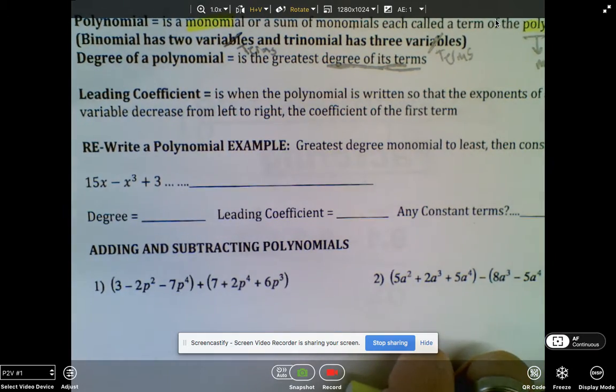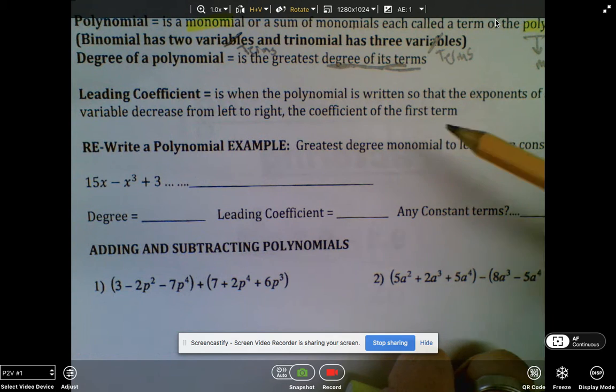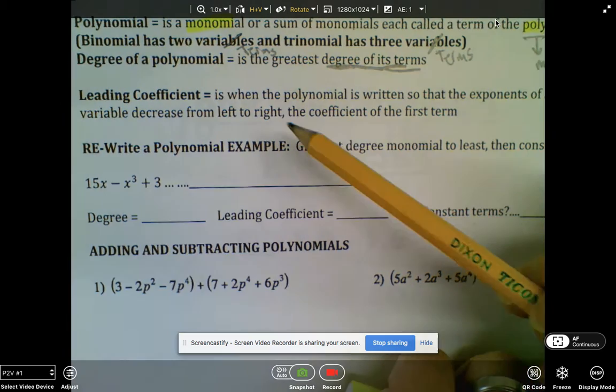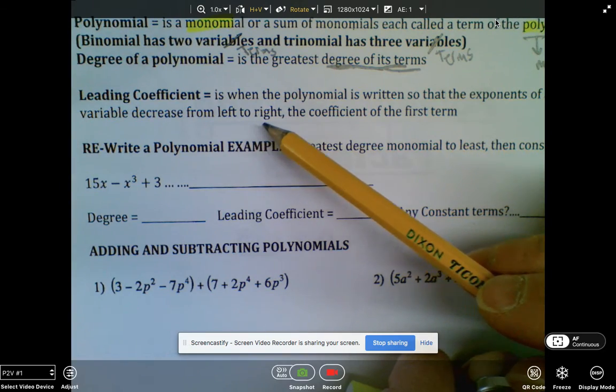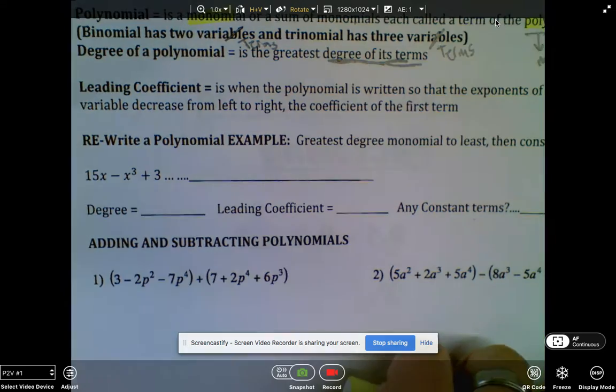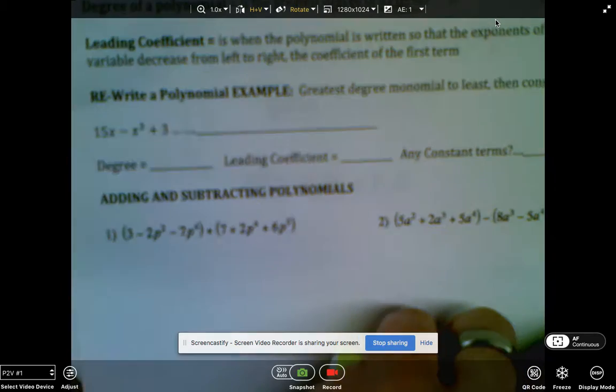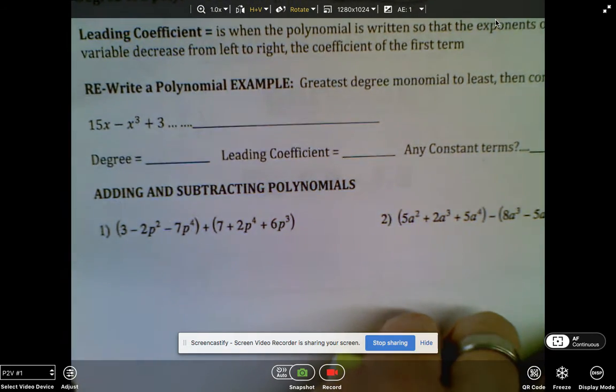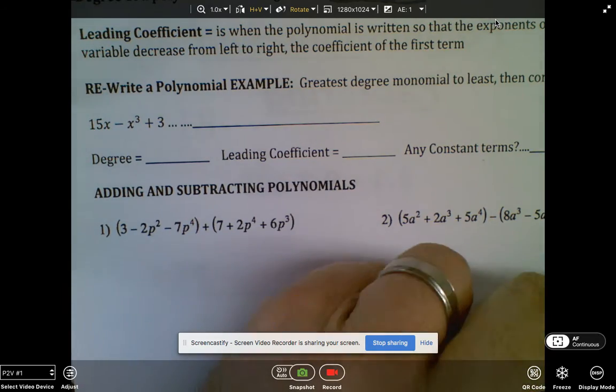If you like to organize things, you want to organize all your polynomials in terms of decreasing degree, from the largest to the smallest. That's basically the first step in adding and subtracting polynomials: making sure they're in order by their degree.